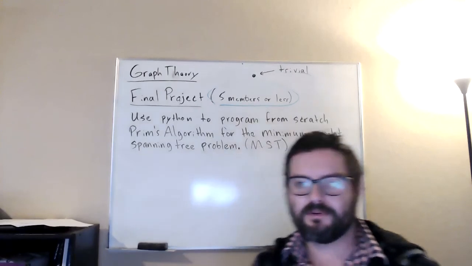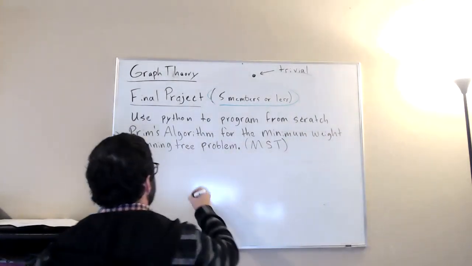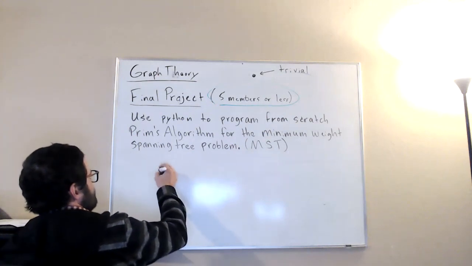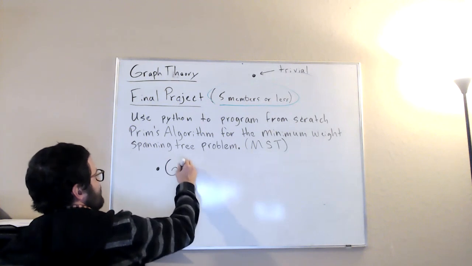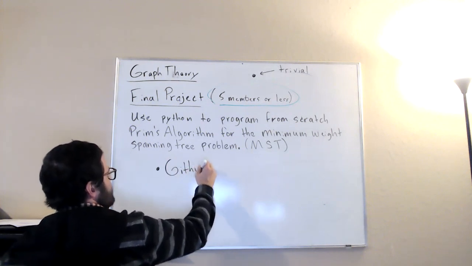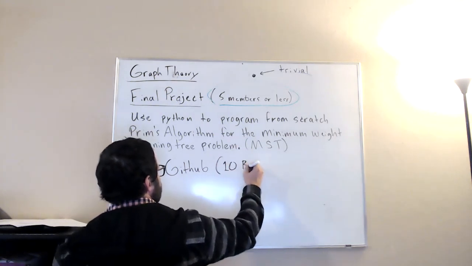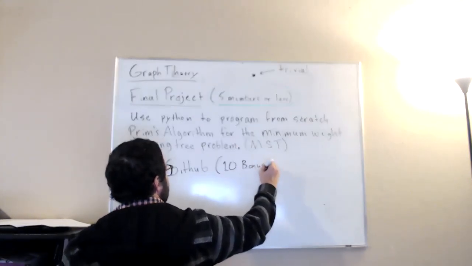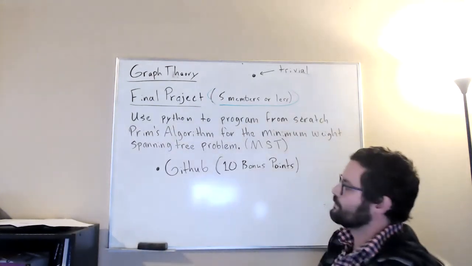So maybe for your members, I would say maybe a few of you, if you're able to put this project on GitHub, that's like 10 bonus points on the grade when I put it in.